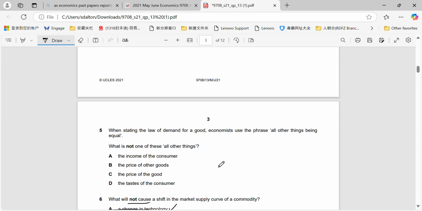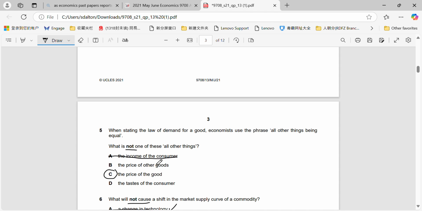Okay, ceteris paribus question. When stating the law of demand, economists use the phrase all other things being equal, ceteris paribus. What is not one of those other things? Ceteris paribus assumes the price of the good can change, but all of the other factors affecting the demand and supply for that good remain constant during that time.